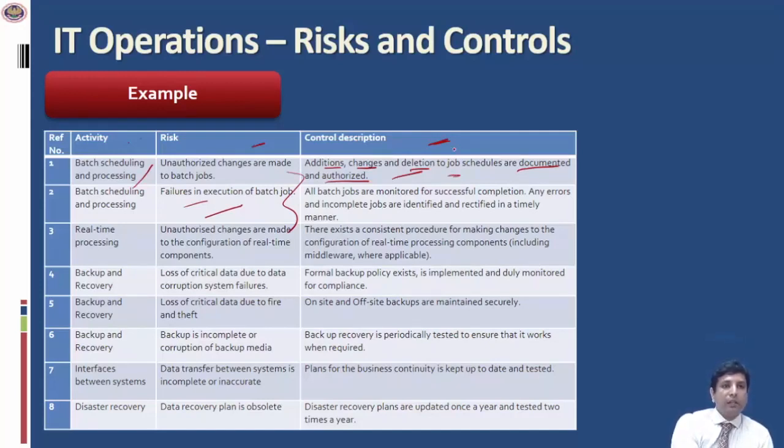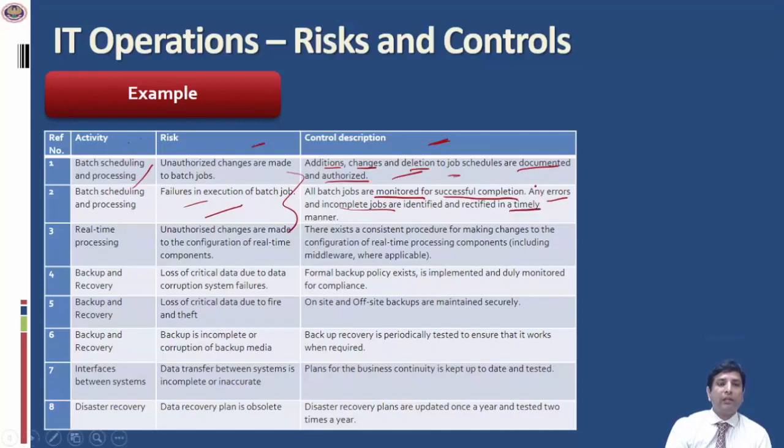For the risk of failures occurring in a batch job, the control implemented in this example is that all batch jobs are monitored for successful completion. Any errors or incomplete jobs are identified and rectified in a timely manner.